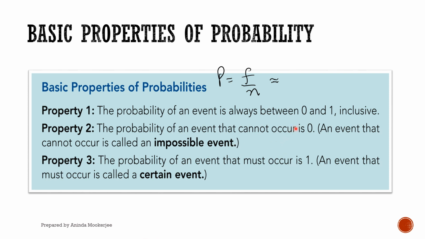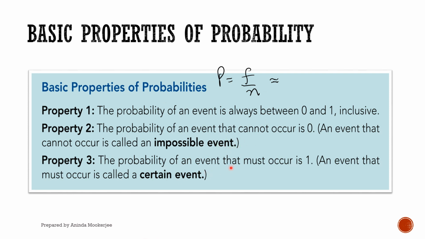Because my name is not in that raffle box. I never purchased a ticket, so there's no chance that my name will get drawn. It's not there in the box. So that is a situation when the probability of my winning the raffle, considering that I didn't even buy a ticket, is 0. It's an impossible event, right?